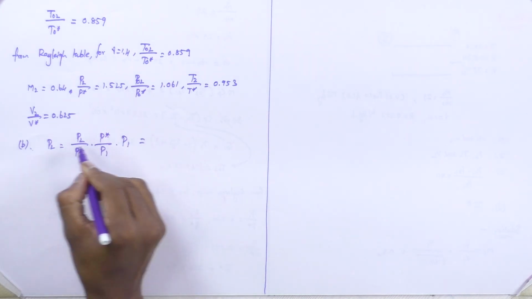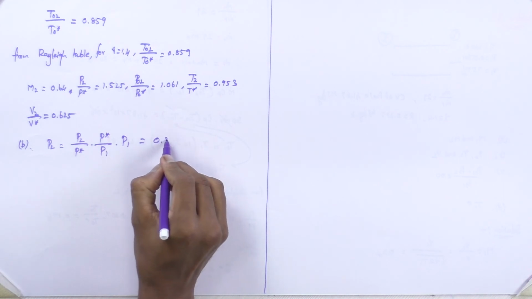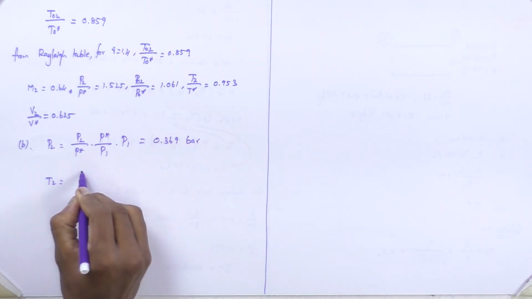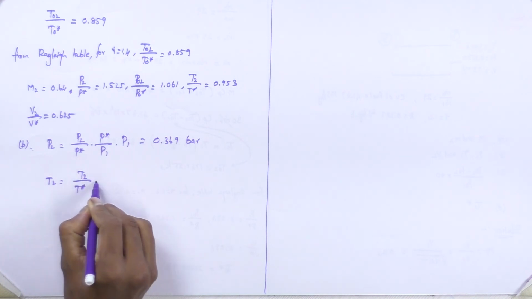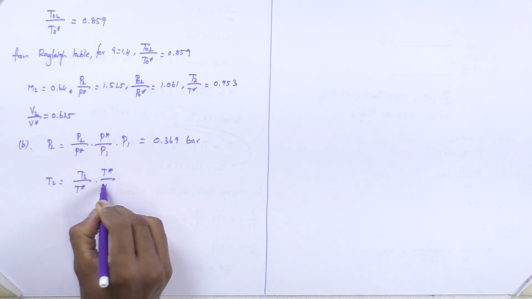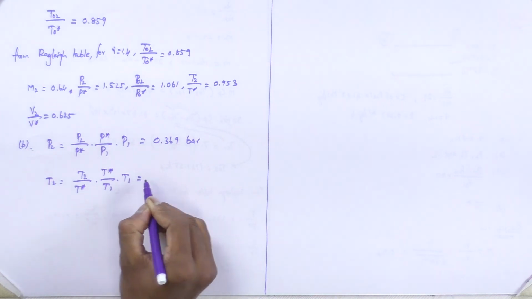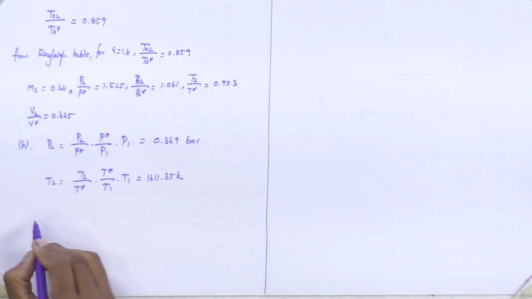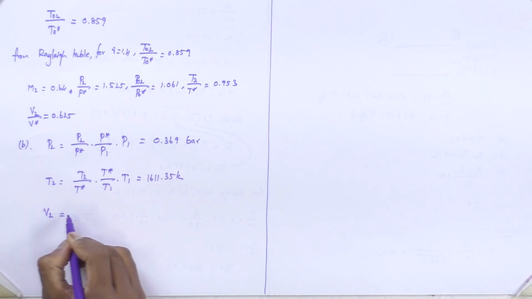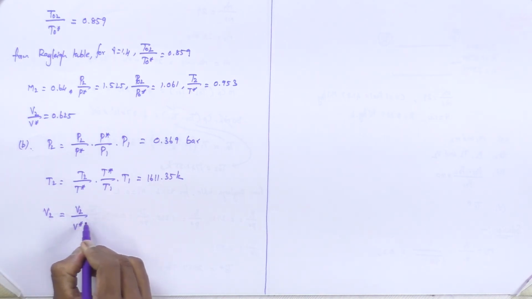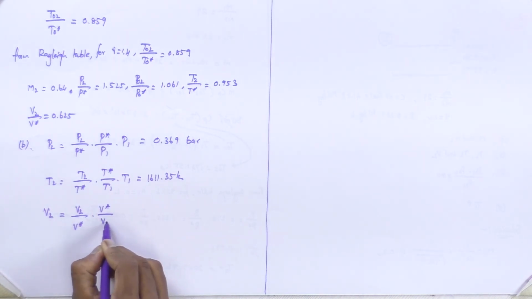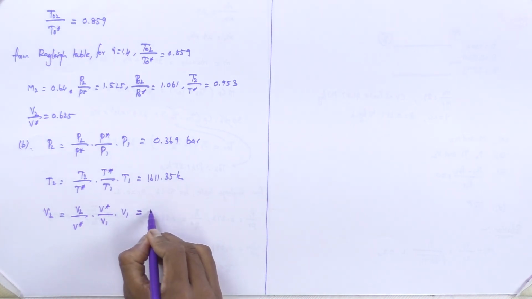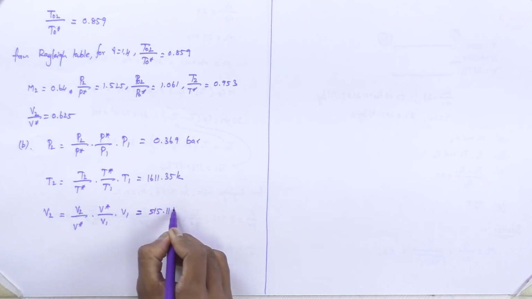After calculation we will get 0.369 bar. Similarly T2 is equal to T2 by T star into T star by T1 into T1, which is equal to 1611.35 Kelvin. Similarly V2 is equal to V2 by V star into V star by V1 into V1, which will be equal to 515.11 meter per second.